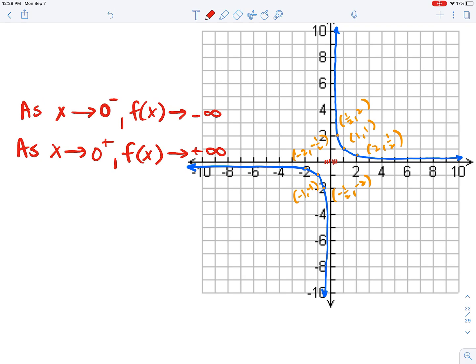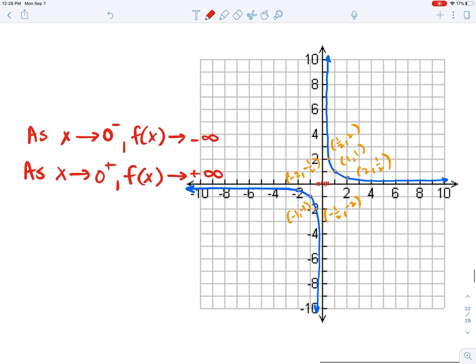However, if we were to plug in 0, 1/0 is undefined. So we have what we call a vertical asymptote at x equals 0, and I write VA at x equals 0. That's my notation for the vertical asymptote.